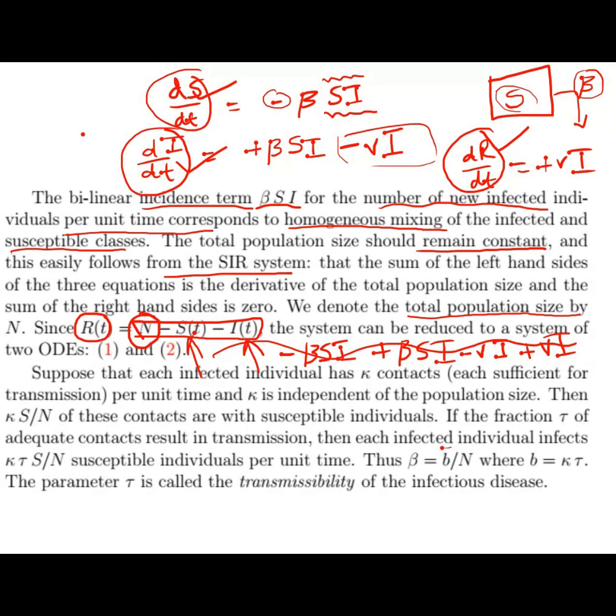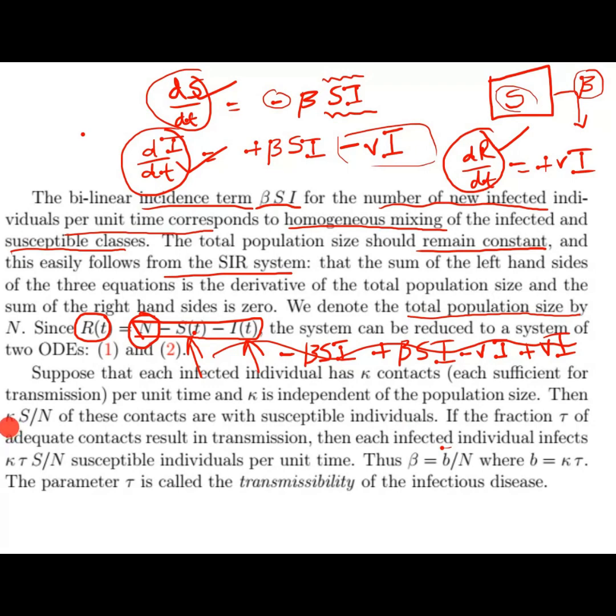So each individual has K contacts, each sufficient for transmission per unit time, and K is independent of the population size. Then what we have is KS over N of these contacts are with susceptible individuals.